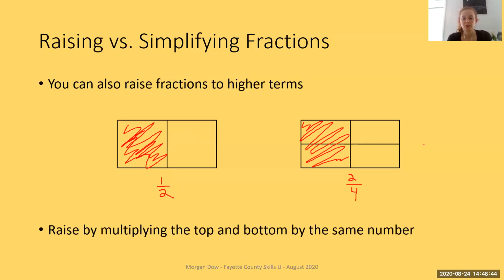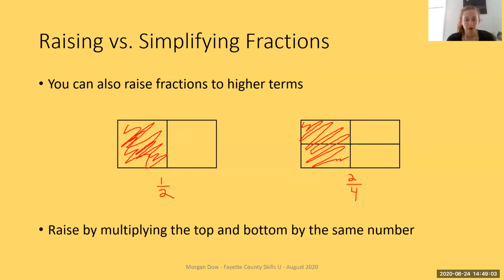So 1/2 is 2/4. And the way that we do that mathematically or with a calculation is we raise fractions by multiplying the top and bottom by the same number. So we reduce by dividing, we raise by multiplying.